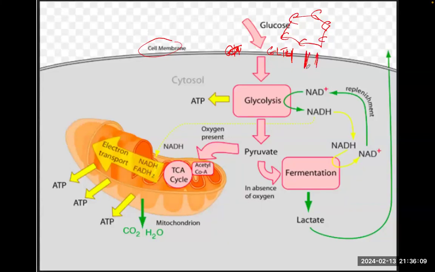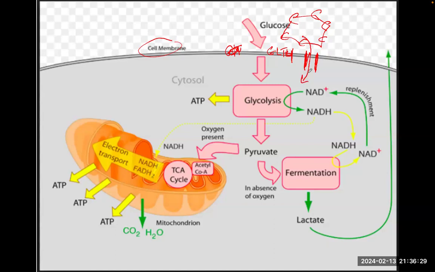They're actually in the cytoplasm, but when insulin is stimulated, it's going to move these glucose carrier molecules from the cytoplasm to the cell membrane, and it's going to allow glucose to be carried in.